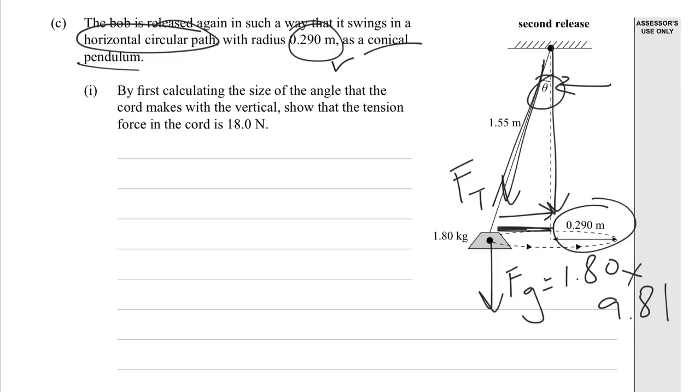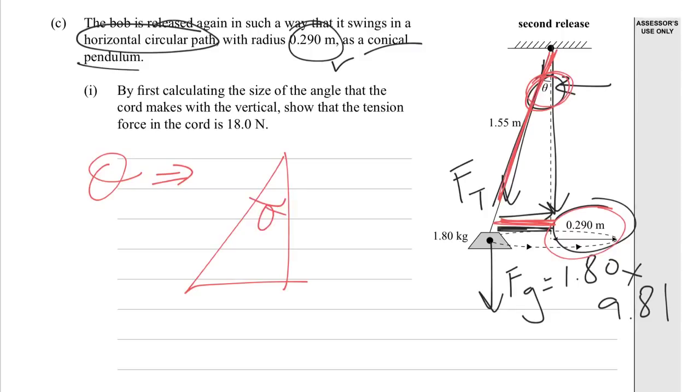Recapping really quickly. We've got the length, so we've got that side of the triangle. We've got that radius, so we've got that side of the triangle. We can use that to find that angle there. That's going to be sine theta equals opposite over hypotenuse. Once you have theta, you can then use it in another similar triangle.